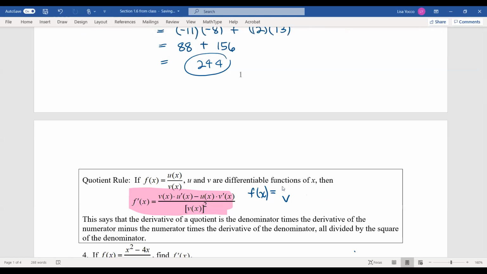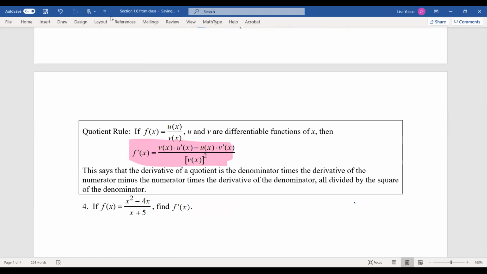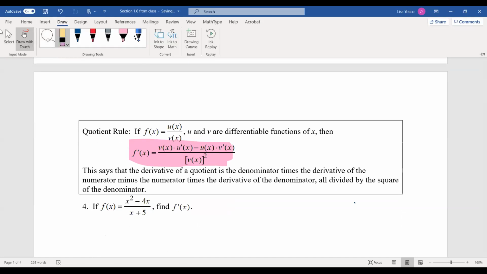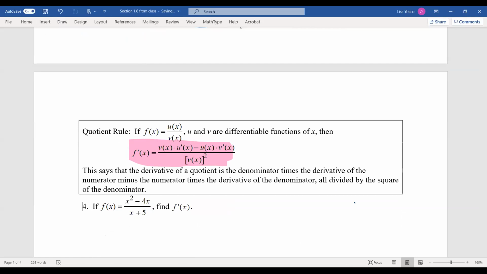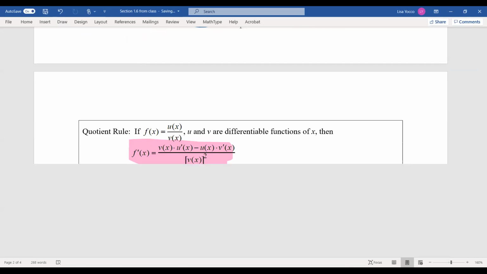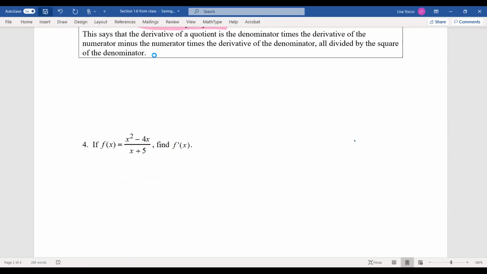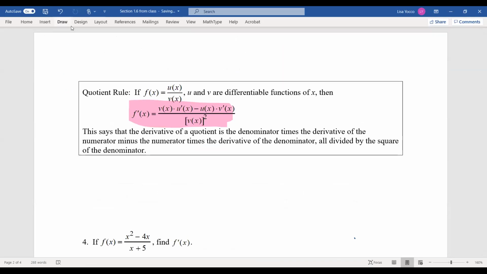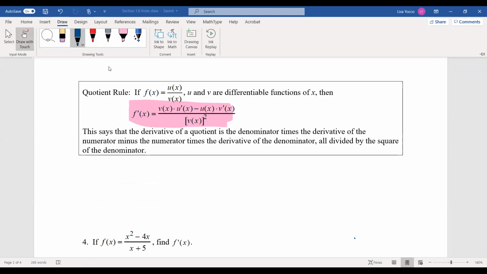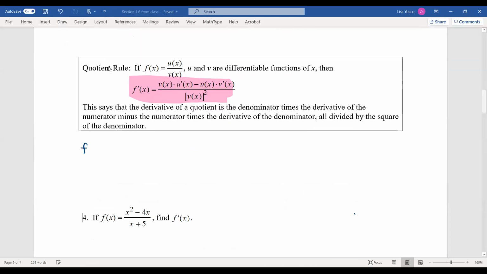Let's erase this stuff and get a little more room here. All right, so this is what I do. So this is for a quotient, which is a numerator over a denominator.